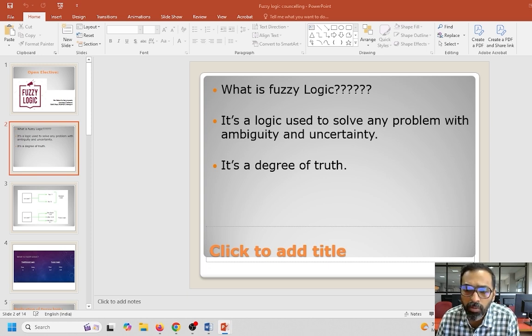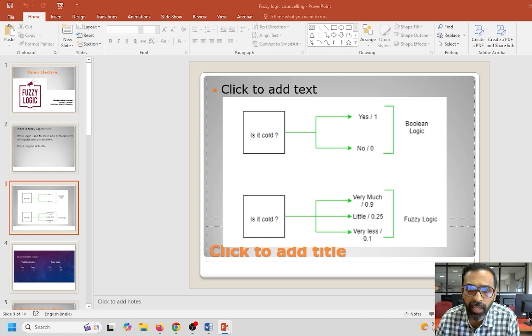When we are talking about a system, let us take that it is cold or not cold. In a classical system, when we ask is it cold, it will say either yes or no. 1 means it is cold, 0 means it is not cold.